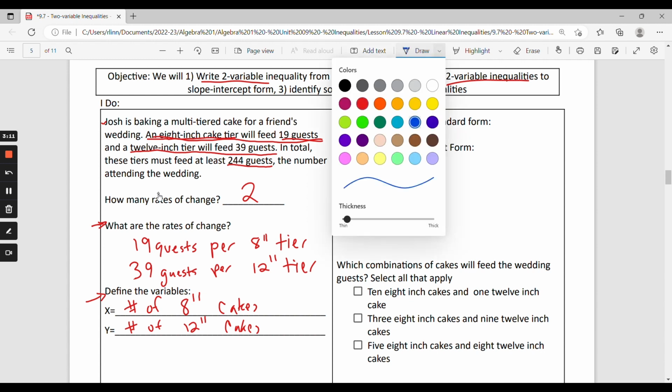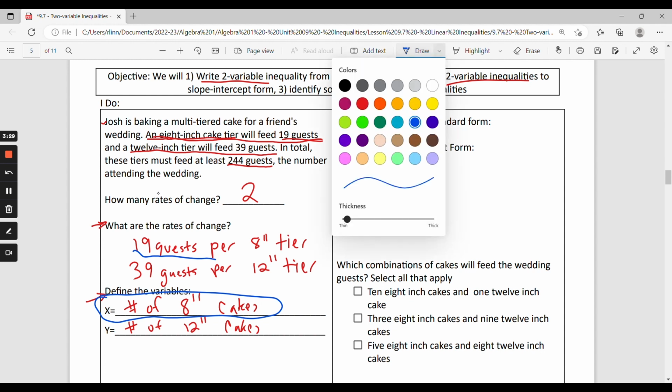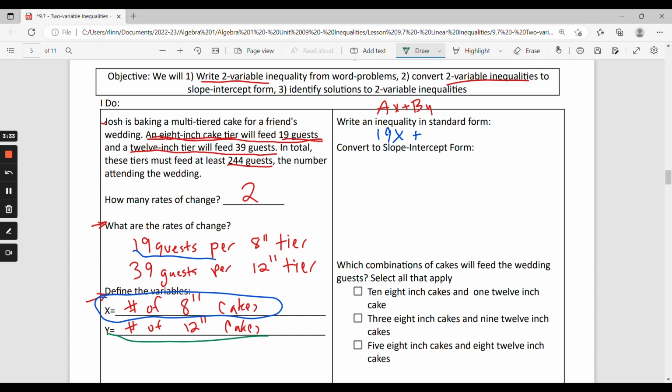My x variable here is the number of 8-inch cakes, and I know that the rate of change for my 8-inch cakes is 19. So I've got 19x. And then I'm going to add to that my y variable, my 12-inch cakes. My 12-inch cakes are my y variable, and the rate of change for that is 39. So I've got 19x plus 39y.